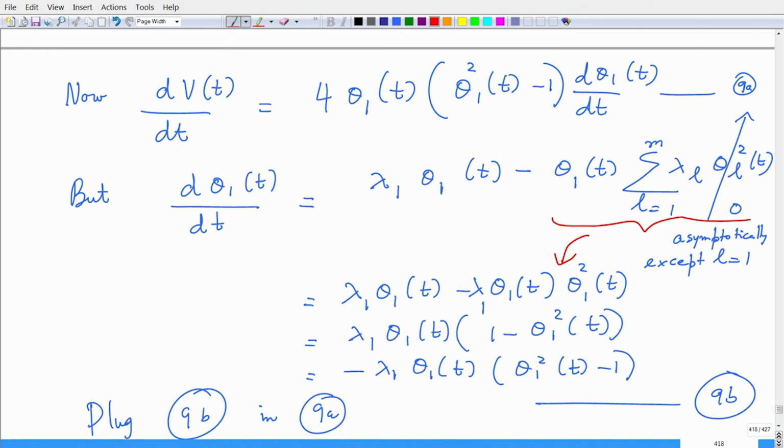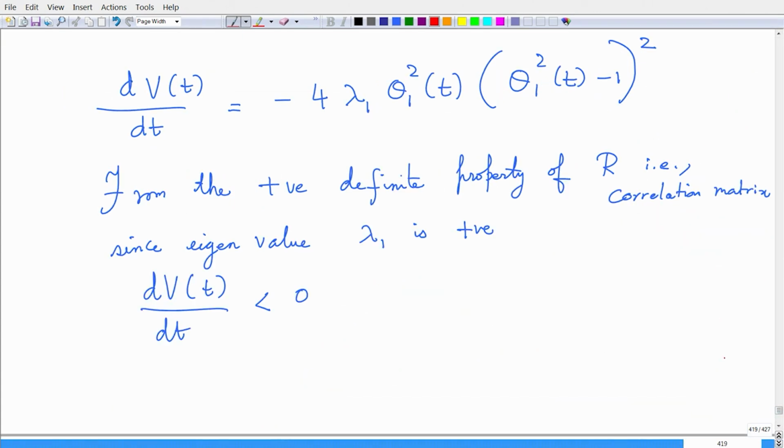So you plug 9b into 9a and then simplify this further. When we do this, we get dV by dt is given by minus 4 times lambda 1 theta 1 square of t times theta 1 square of t minus 1 whole square.